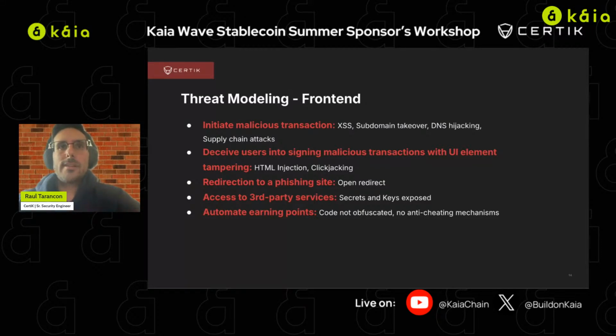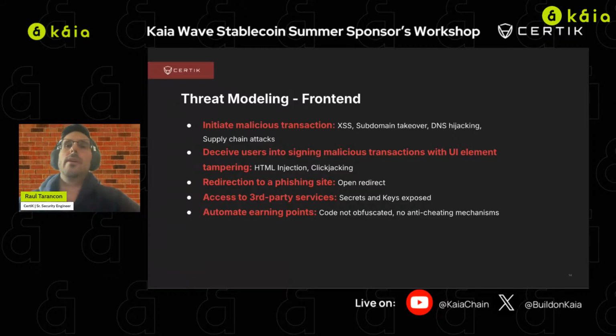The second threat is deceiving users into signing malicious transactions with UI element tampering. This can be achieved with HTML injections and clickjacking. Clickjacking refers to loading the web application into an iframe. The third threat is redirection to a phishing site.